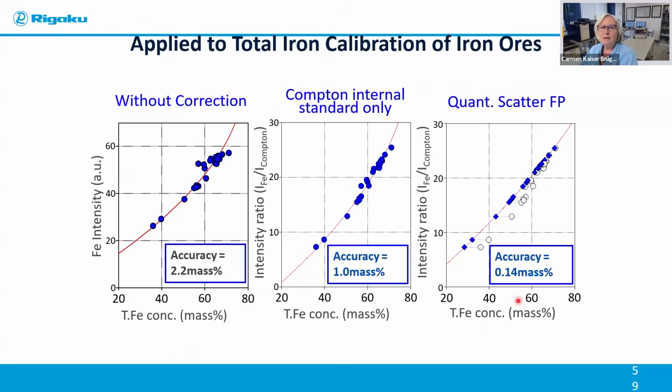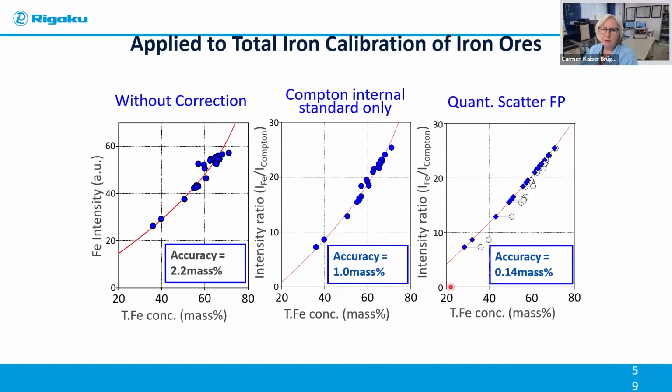If we take a total iron calibration for iron ore, we get this quadratic fit without any correction. And if we apply the Compton internal standard only, we get a pretty good fit, but still a lot of scatter. But of course, not such a good accuracy.